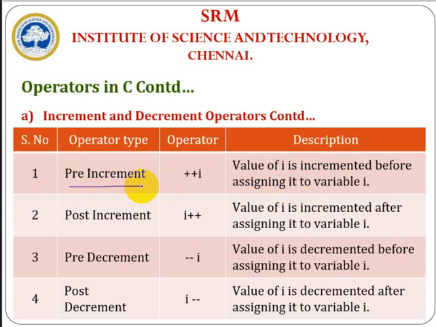Before the assignment, the value will be incremented. In the post-incrementation, the value of i is incremented after assignment. In general, the value will be first given and then only it will be incremented.